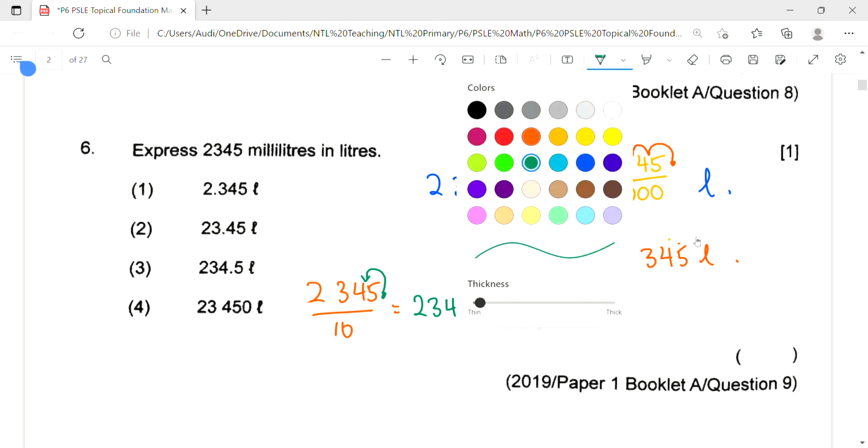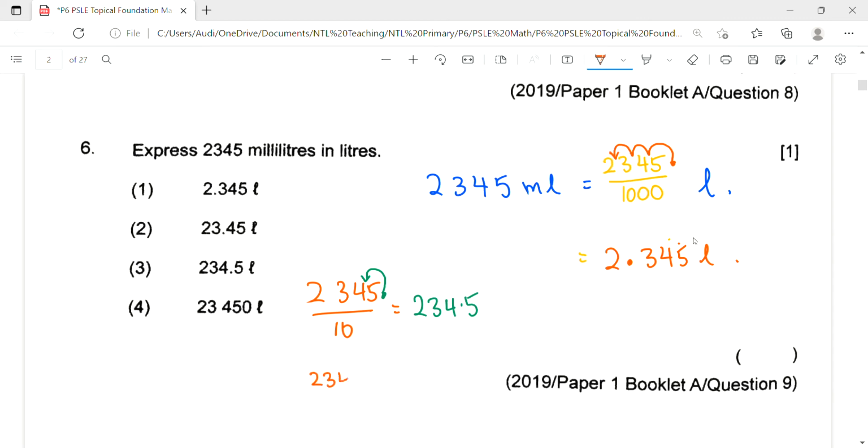Now if we are dividing 2345 by 100, again, the decimal point is here. You see 2 zeros, so you're going to move the decimal point to the left by 2. 1, 2. 2 spaces. So the answer will be 23.45. So here, in this question, our answer is this, and that is answer number 1.